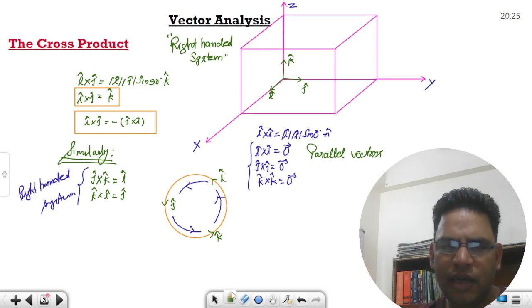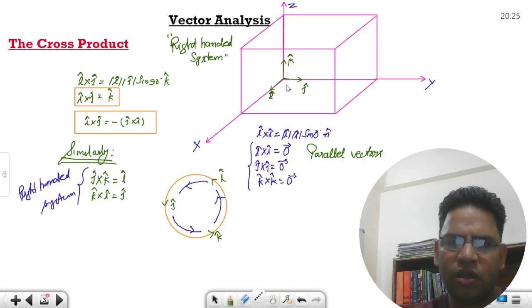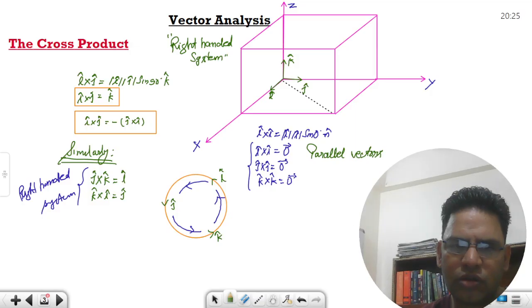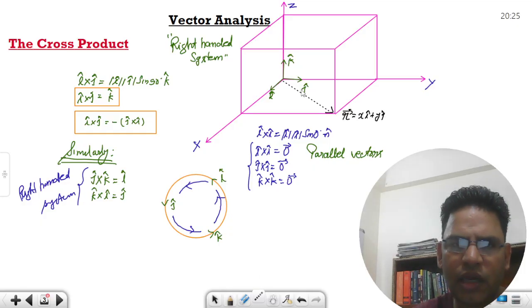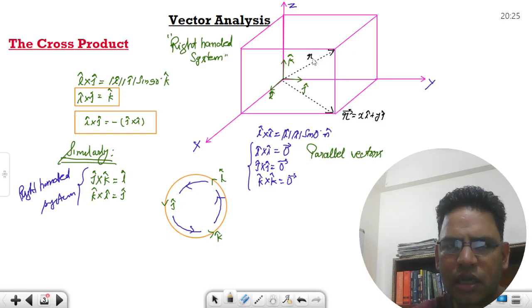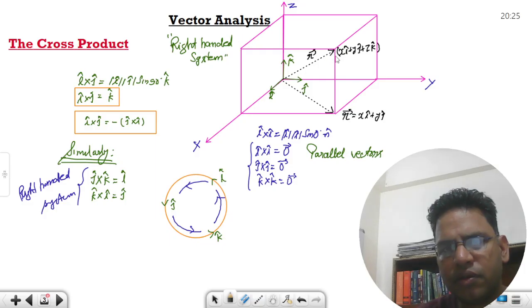All right, let me quickly tell you, if I were to find out a vector somewhere here, let's say, this vector r is going to be xi plus yj plus zk vector, okay. This is r vector by definition.